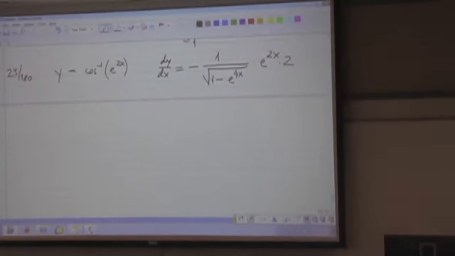How about 25? y equals arctan of cosine of theta.